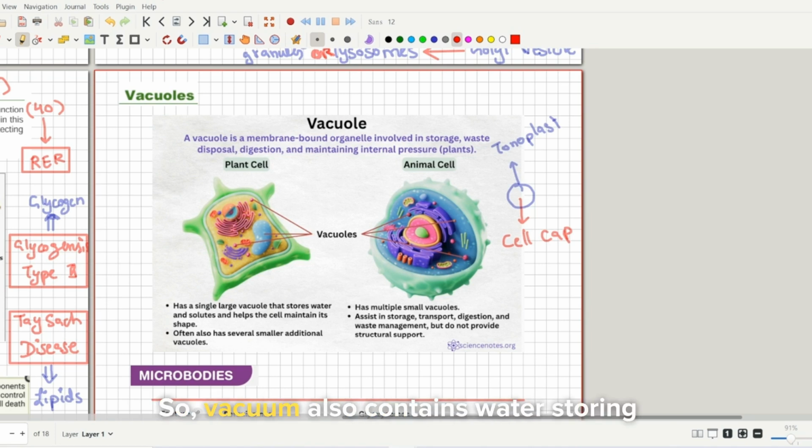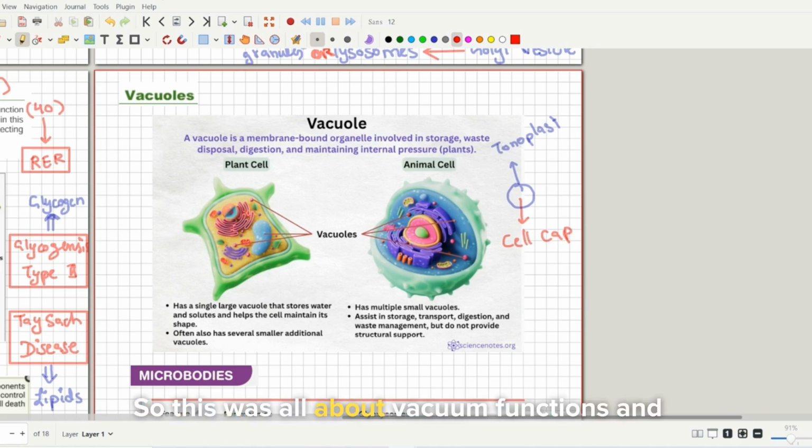So vacuole also has water storing abilities, so it stores a large amount of water. That's why they maintain the turgor pressure of water on the plant cells. So they are responsible for support and rigidity of the leaves and young parts of the plants.